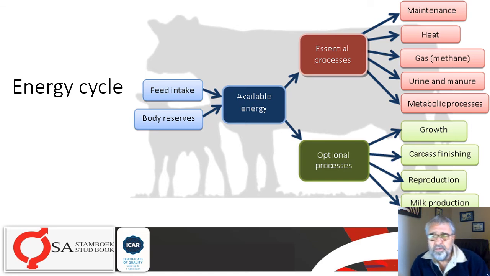So one of the important parts would also be to talk a little bit about the energy cycle in cattle. We deal with ruminants, so the energy available to the cow would be through her feed intake and her body reserves that she can utilize, let's say fat deposition in the channel fat around the organs, but even subcutaneous fat under the skin, which would be a last resort, would then be utilized in terms of energy.